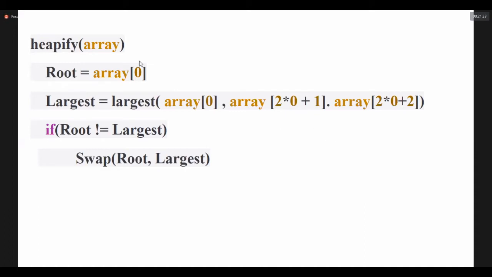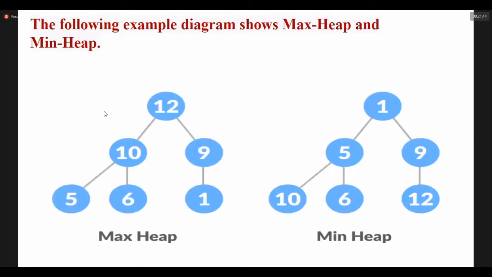Heapify some array. The root is array of 0. What is the max heap property? The root has a greater value than the child.